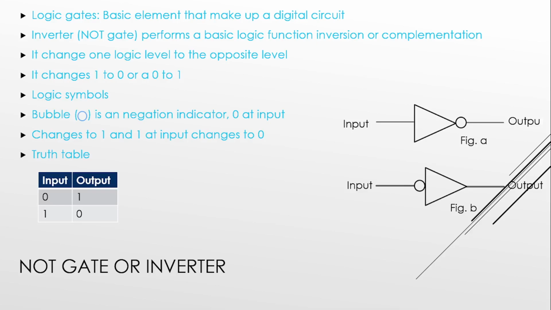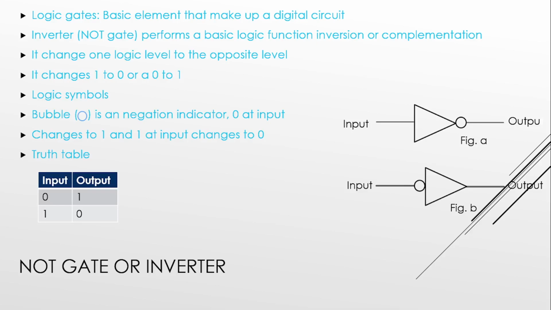Now, the working of the logic gate is represented by a specific table that is known as a truth table, and the truth table is unique for the given gate. Now, what will be the truth table for NOT gate or inverter? What will be the input condition?